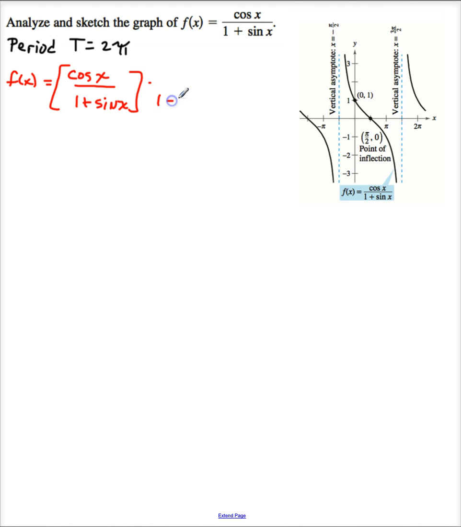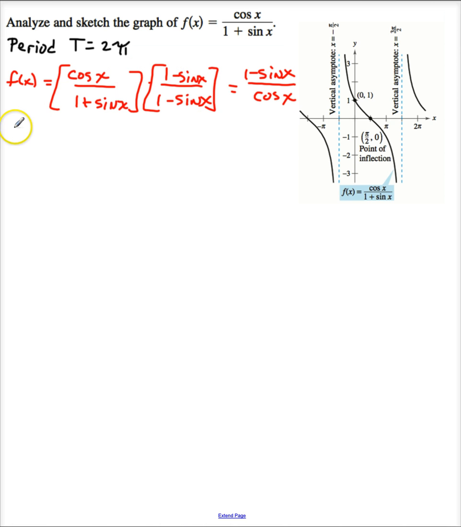So I'm going to multiply by 1 minus sine of x over 1 minus sine of x. When I simplify, I'm going to get 1 minus sine of x in the numerator and cosine of x in the denominator, because this is going to be cosine squared, and one of those cosines will cancel.